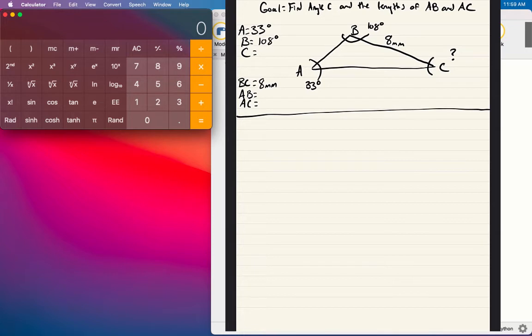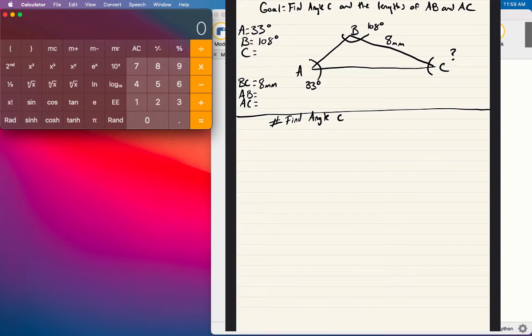So let's go ahead and do that. Classic sine, right? All right, so let's get started. First, let's find angle C.